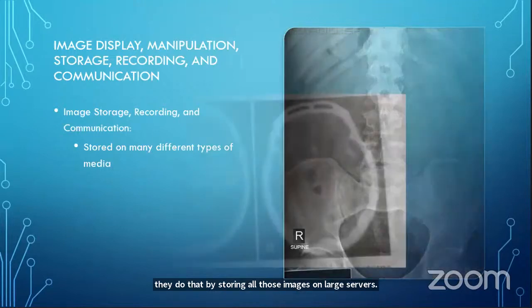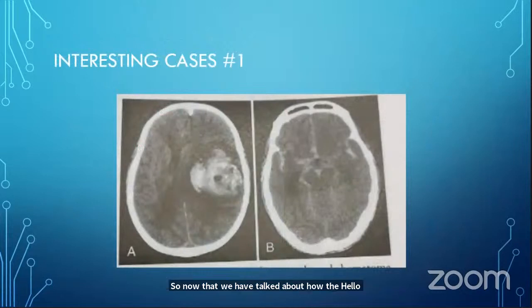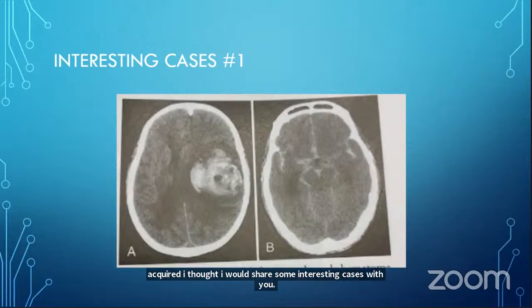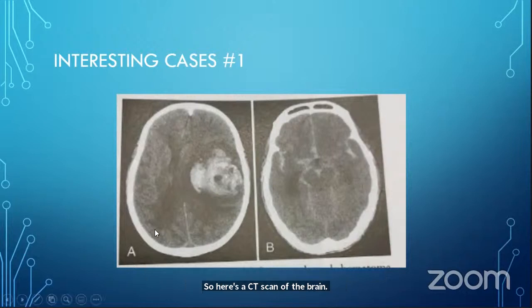So now that we have talked about how the CT images are acquired, I thought I would share some interesting cases with you. So here's a CT scan of the brain, and these pictures are not the best quality, so I do apologize. But here you can see this big, light, bright looking thing. That is actually a brain bleed. That's what we're seeing.